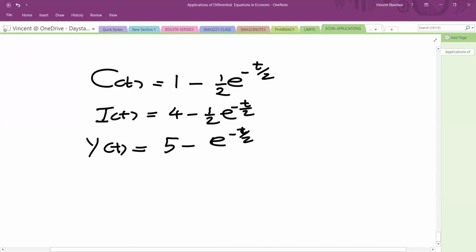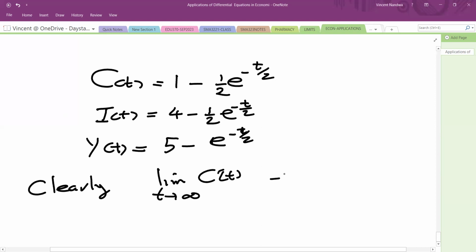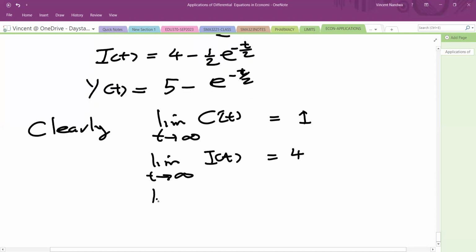When you take the limit of these functions as t approaches infinity, the limit of C of t is 1, the limit of I is 4, and the limit of y is 5.